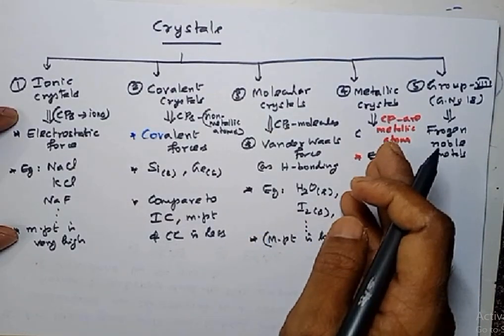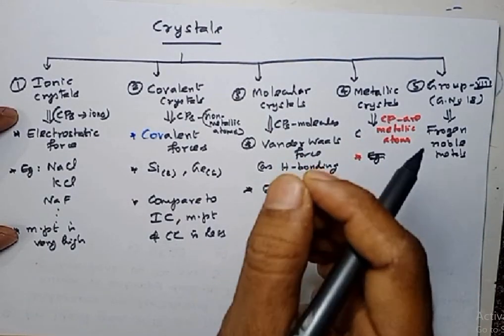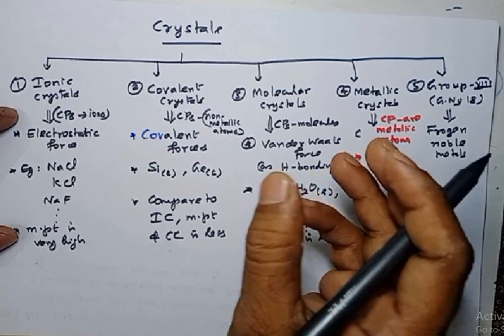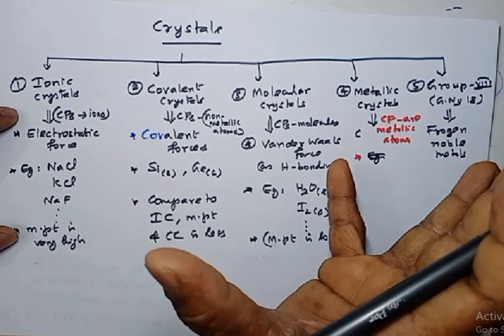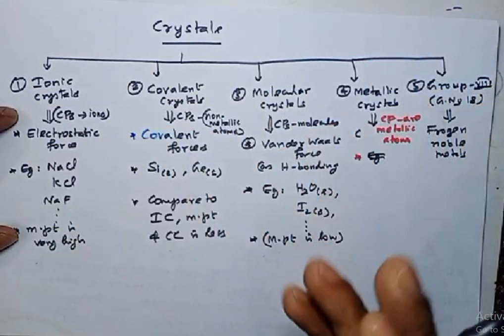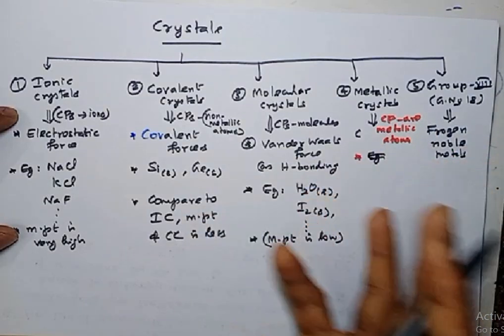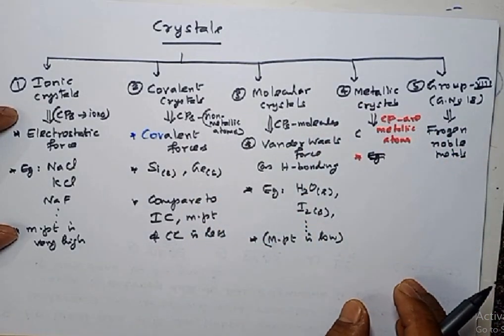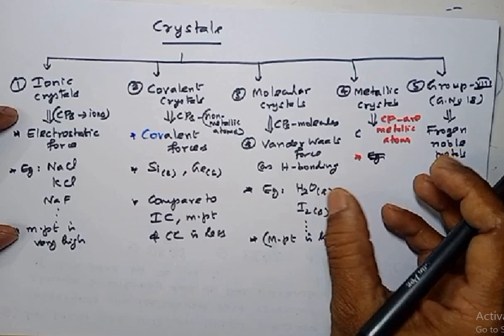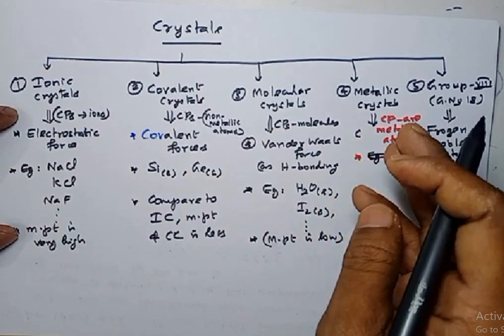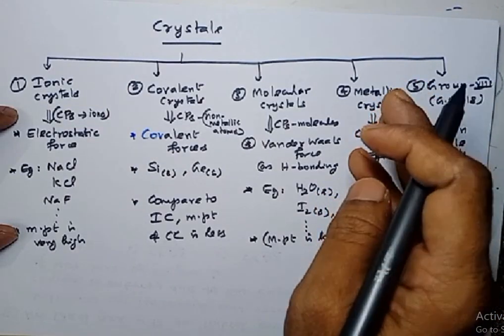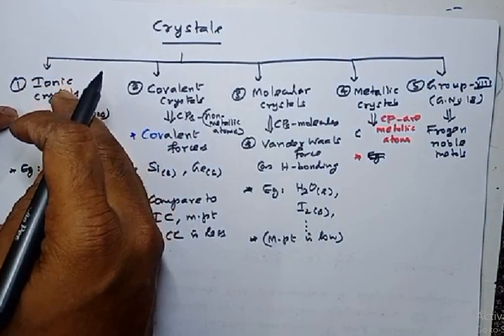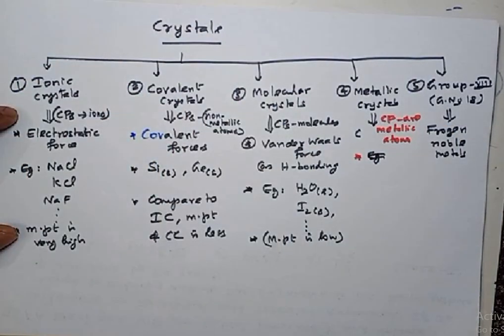Whereas in metallic crystals, each metal cation is attracted by a huge number of free electrons available in the crystal. That's the reason why this attraction is extremely strong, and why metallic crystals sometimes have a melting point even greater than ionic crystals. Keep that in mind.